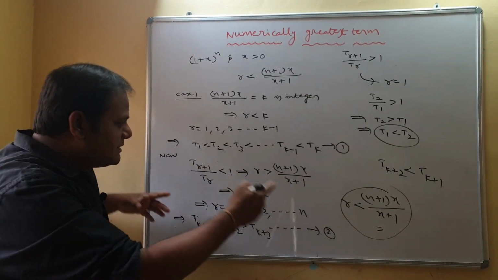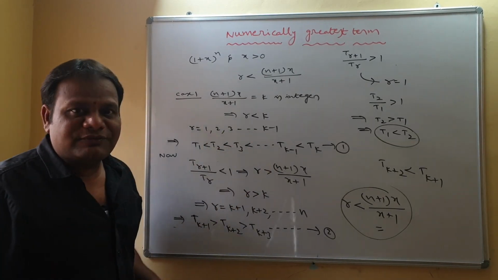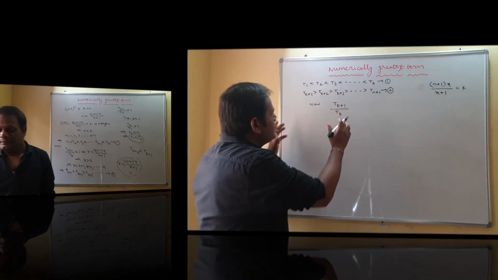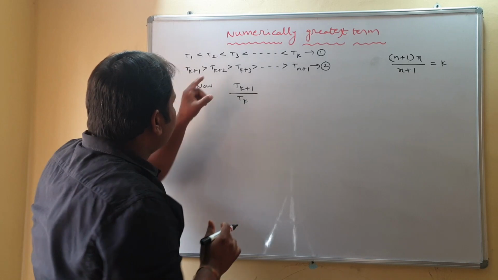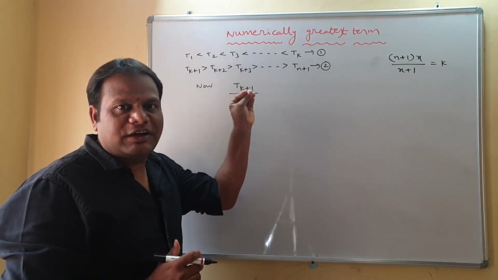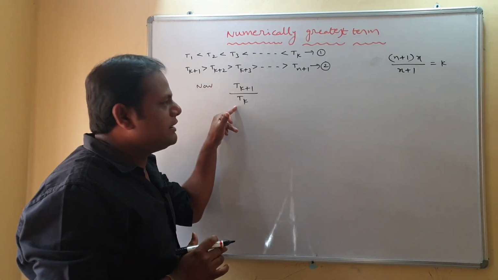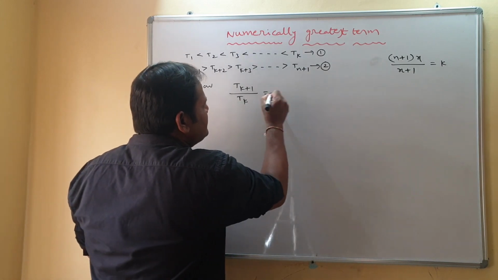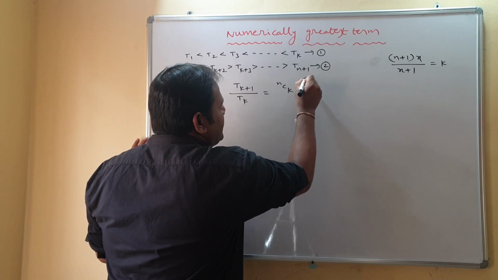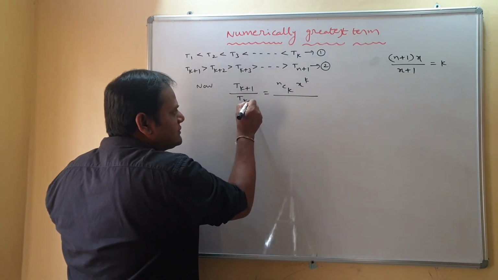Is tk less than t(k plus 1), or greater than, or equal to t(k plus 1)? Now we are interested in knowing the relation between t(k plus 1) and tk, so I take t(k plus 1) by tk. What is t(k plus 1)? It is nCk x power k. And for tk, you can take it as (k minus 1) plus 1, right?